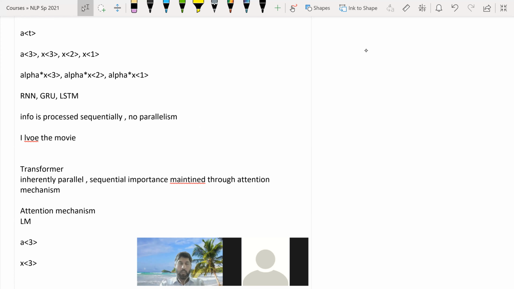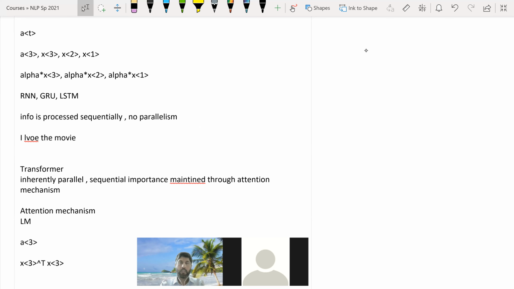How can you quantify the importance of a particular vector with another vector? One way is taking the dot product or the inner product.